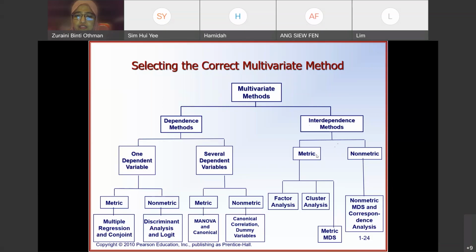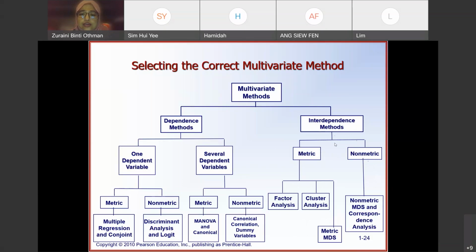It involves metric or non-metric data. If it involves metric, there are about three types of analysis: factor analysis, cluster analysis, and metric MDS. This chart will help you determine which analysis we want to do next.